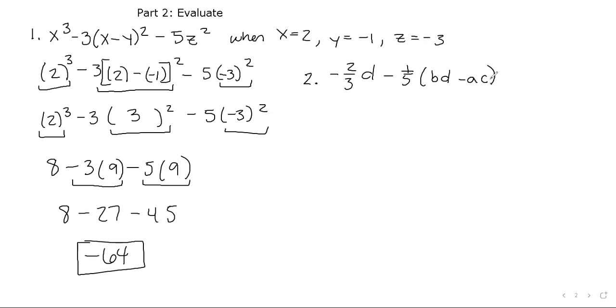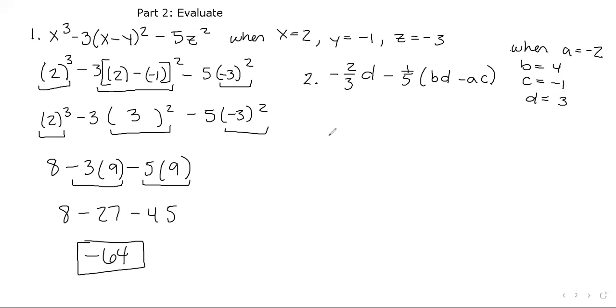Again, we turning it up. So when A equals -2, B equals 4, C equals -1, and D equals 3, okay?